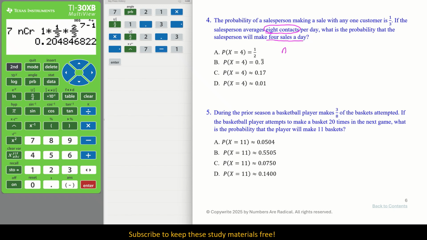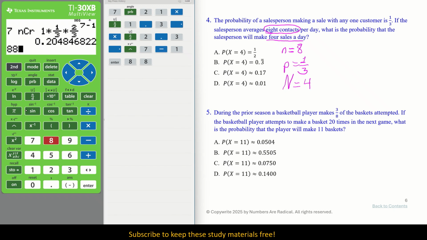So you have n equals 8, that's our number of trials, our lowercase n. They gave us the probability, and the number of successes, sorry about that, is simply 4. That's actually kind of convenient when we put it in the calculator.